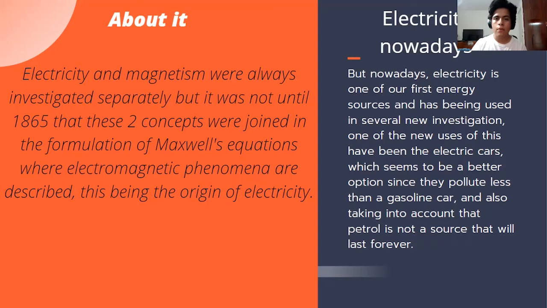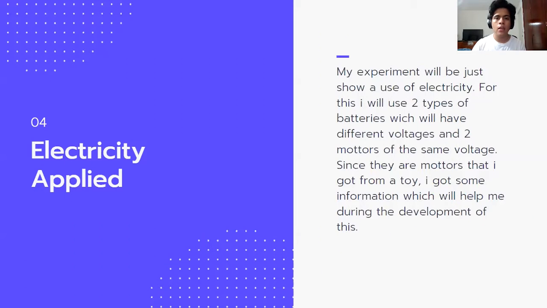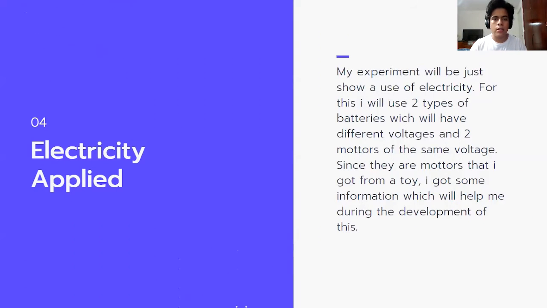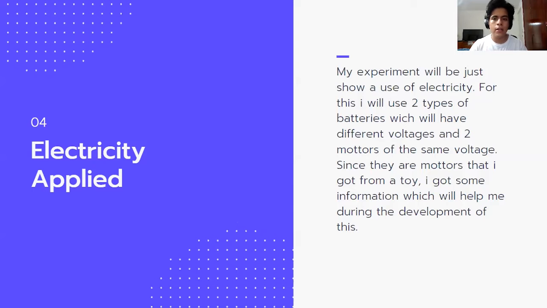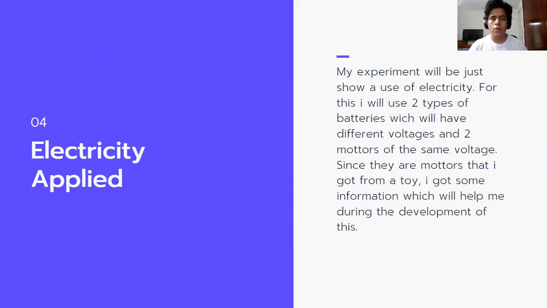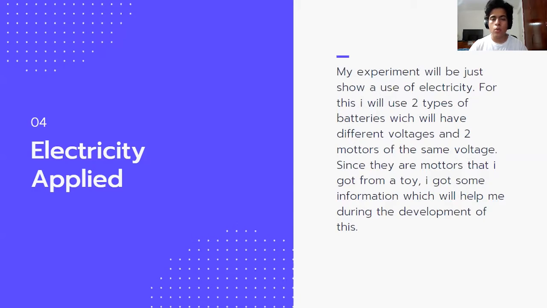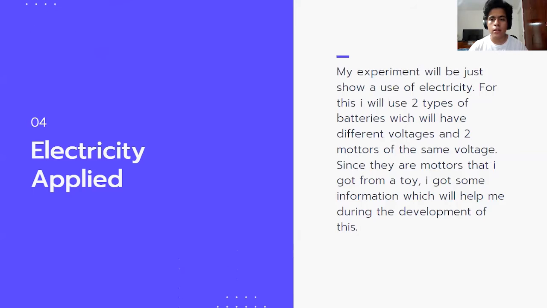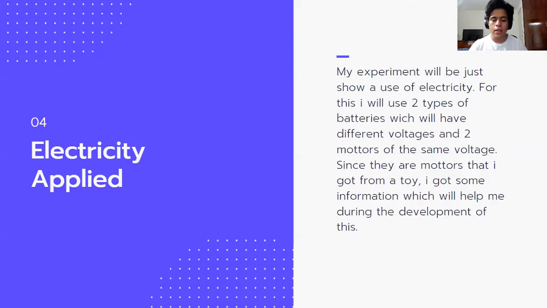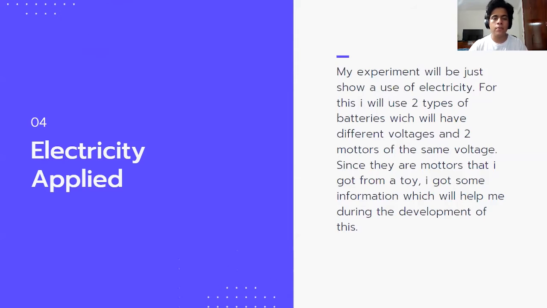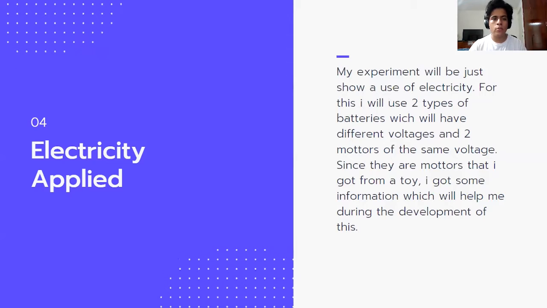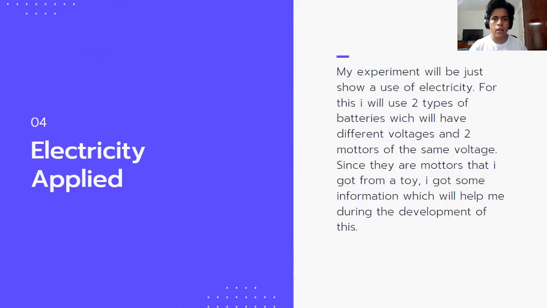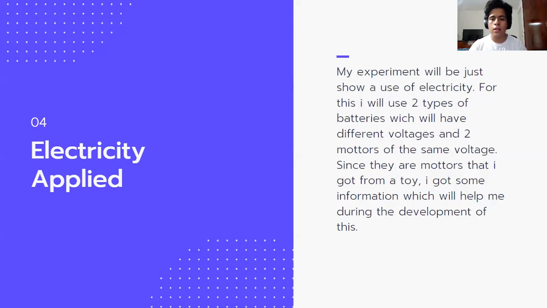Before this introduction, my experiment is kind of electricity applied. My experiment will be just to show the use of electricity. It is a pretty simple, very easy experiment, but it is useful for me to show some of the investigation I have had and obtained.